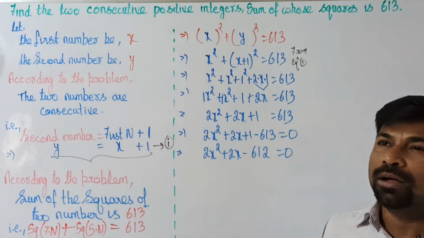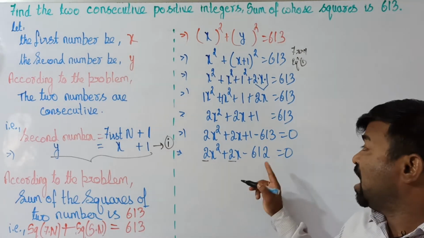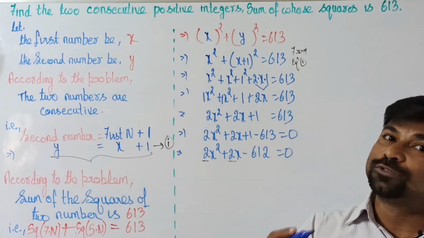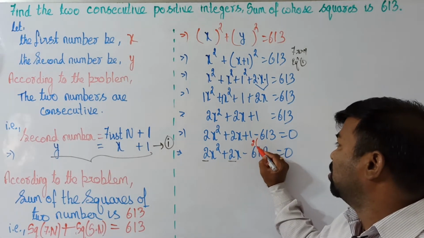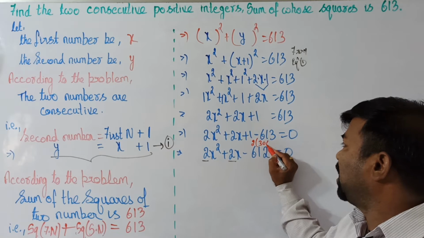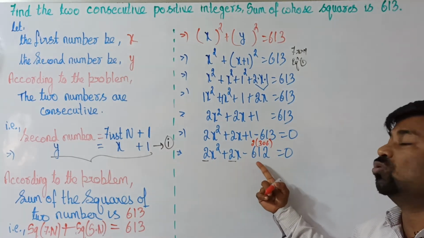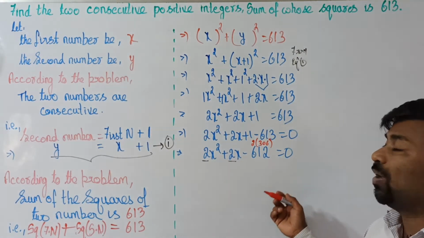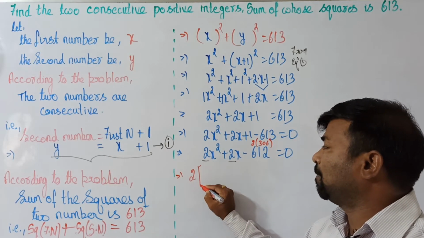But please remember, here we are having 2, here also we are having 2, and 612 is also a multiple of 2. We can write this as 2 times 306. So I like to take 2 as common.